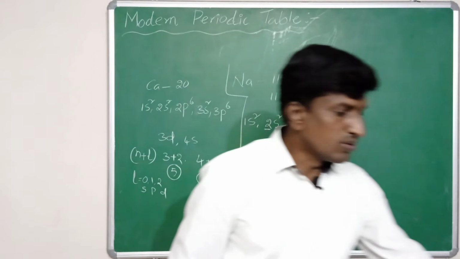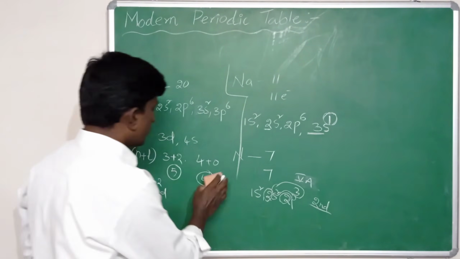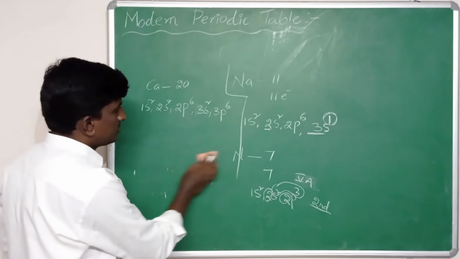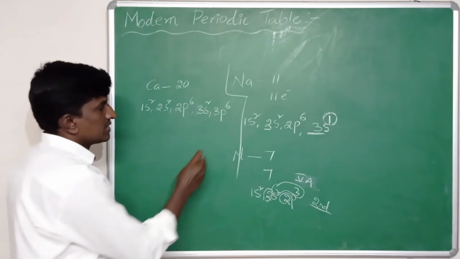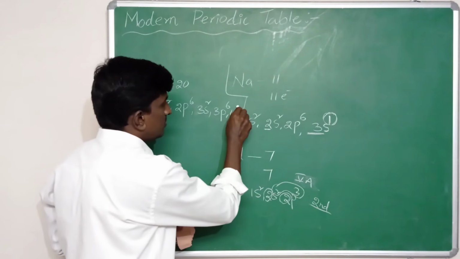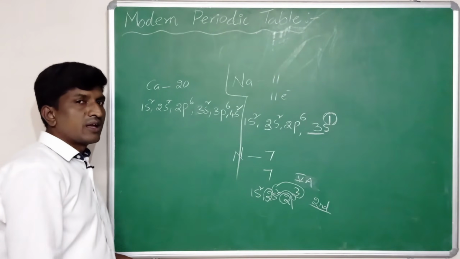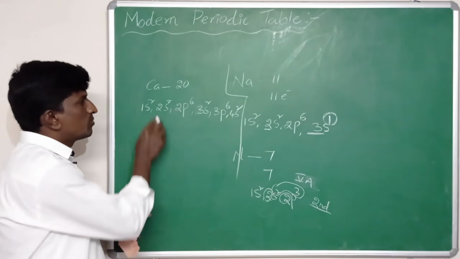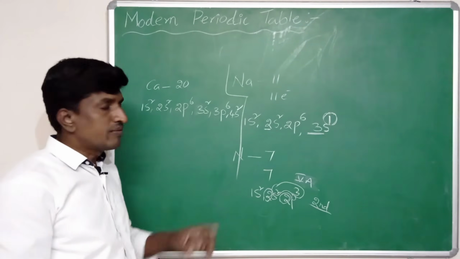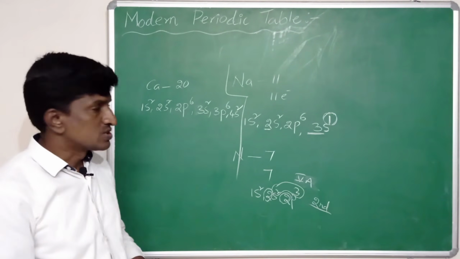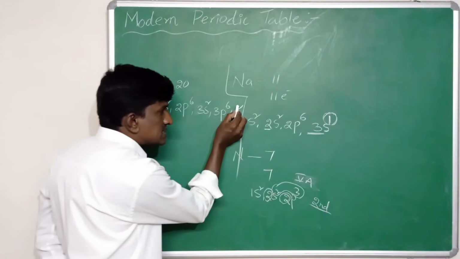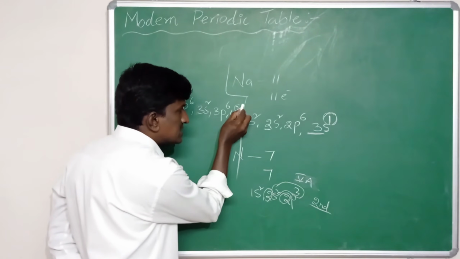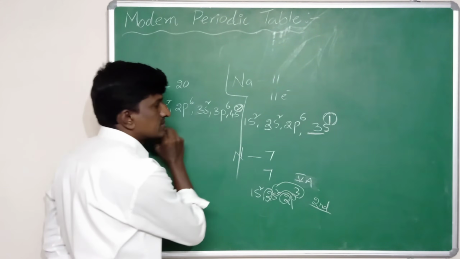That's why, according to the Aufbau principle, before filling the electrons into 3d orbitals, the electrons are filled into the s orbital of the fourth main shell. Then what is the group and what is the period of this calcium? So here in the s orbital there are 2 electrons.